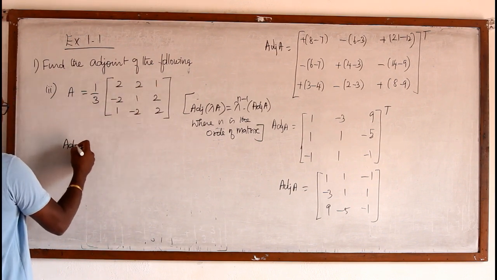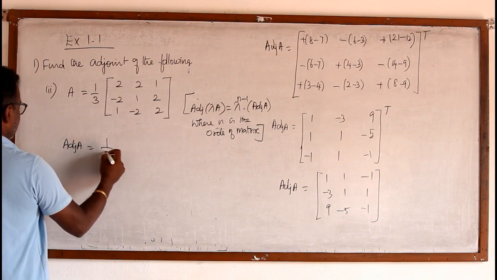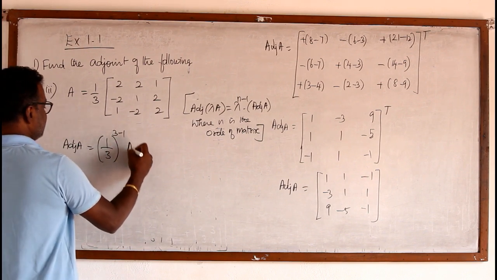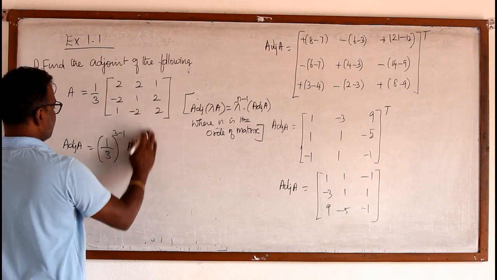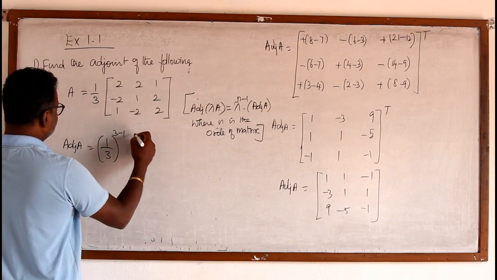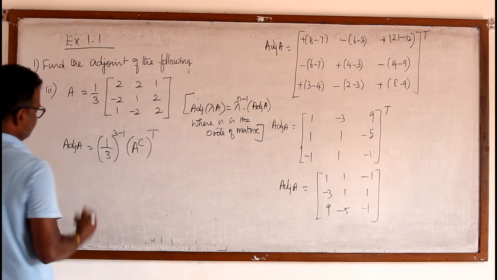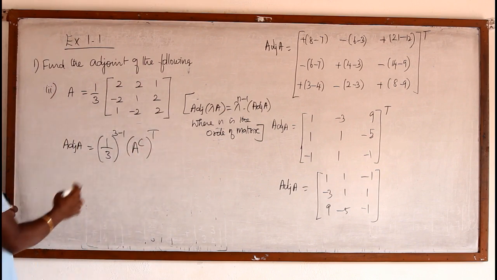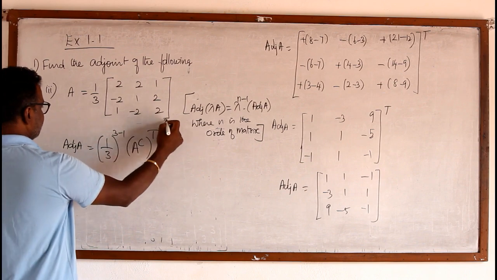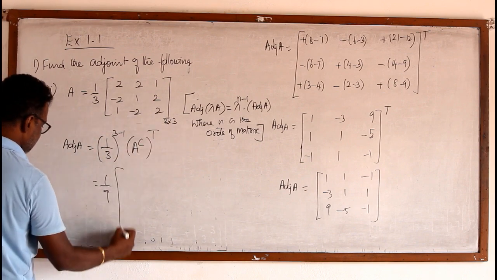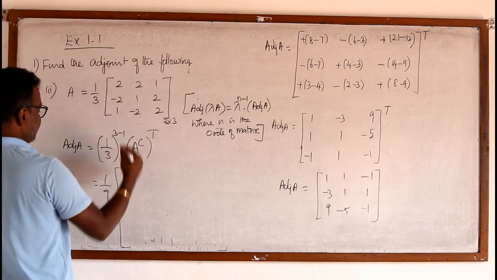Therefore adjoint of A can be written as 1 by 3 whole power 3 minus 1 into adjoint of this matrix, or just we shall write the cofactor transpose. Since the order is 3 cross 3, it is 1 by 9 into, can you tell me the cofactor of this one?